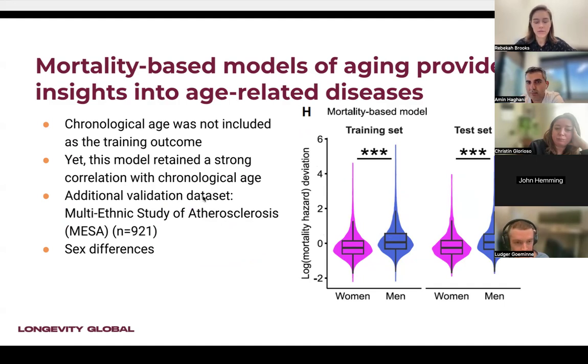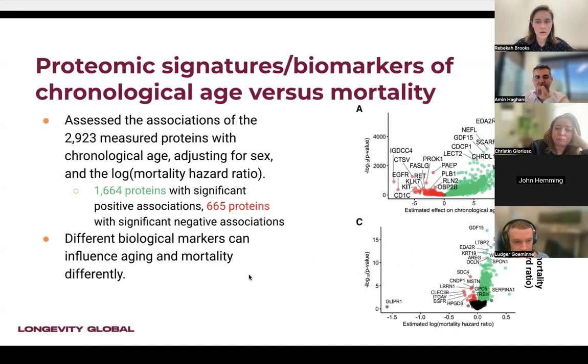One thing I thought was really nice is that they used additional validation data sets, such as the Multi-Ethnic Study of Atherosclerosis, and found that it generalized to that data set as well, making it even stronger.